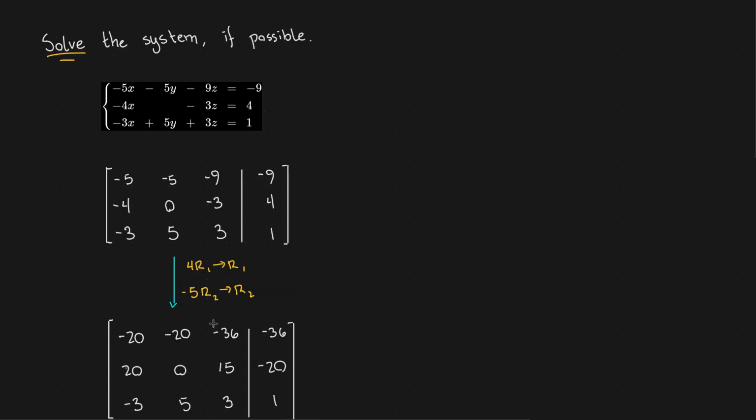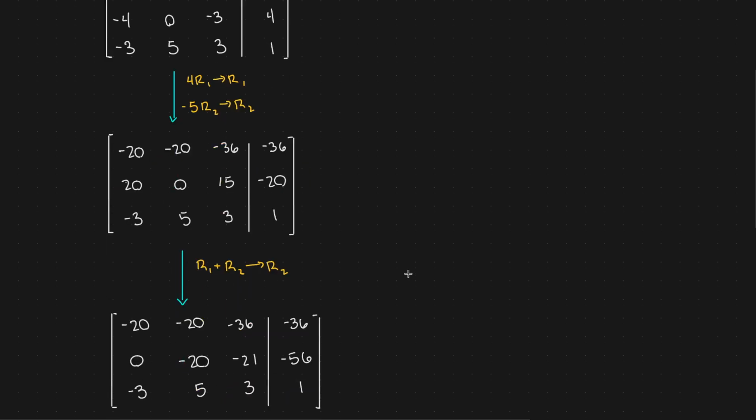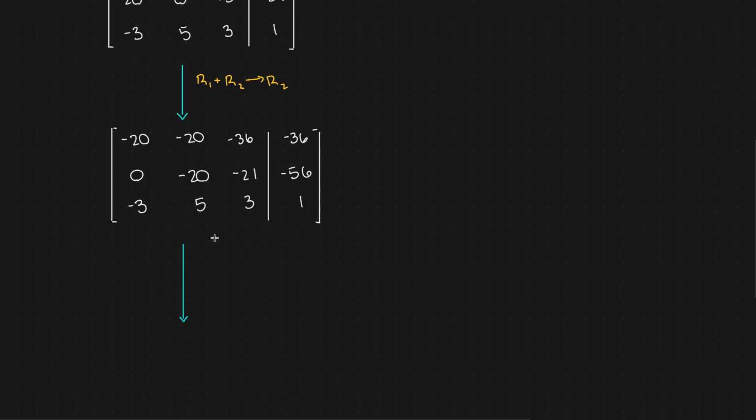To start off, I'm going to go back to this form of my row 1. So I'm going to divide row 1 by 4. Make the numbers a little smaller. I multiplied it by 4 to make it a little easier to get what I needed here. I'm ready to go back.